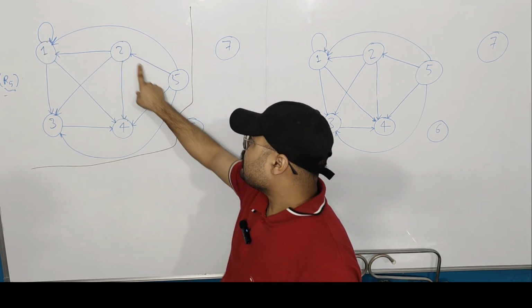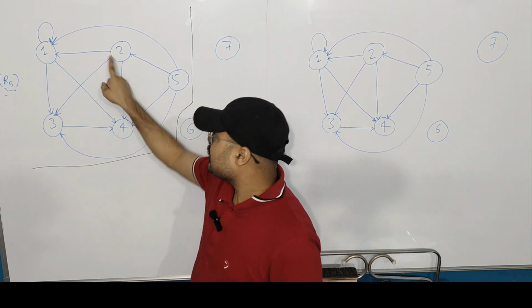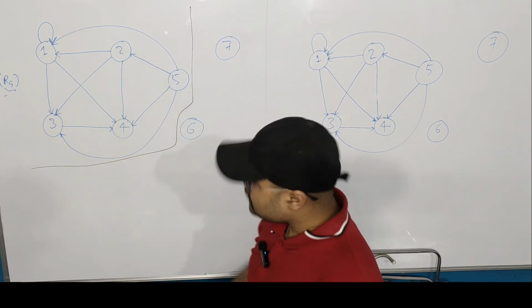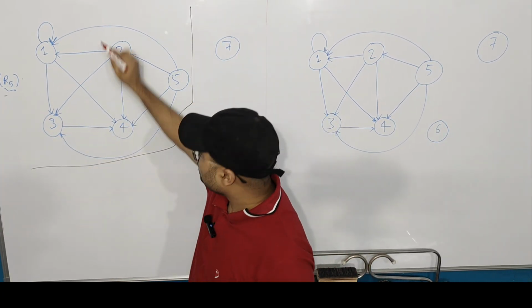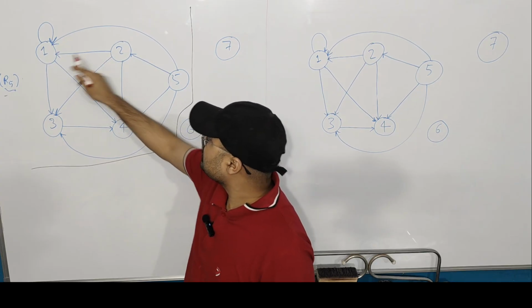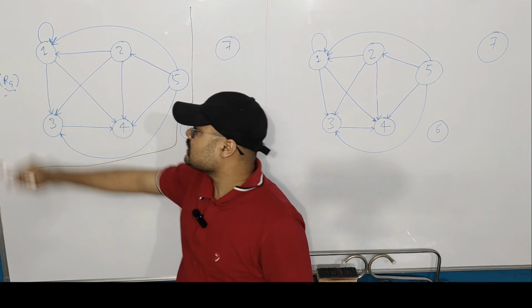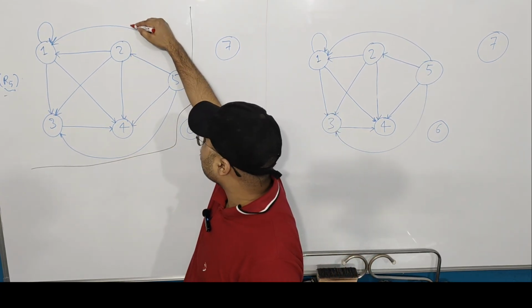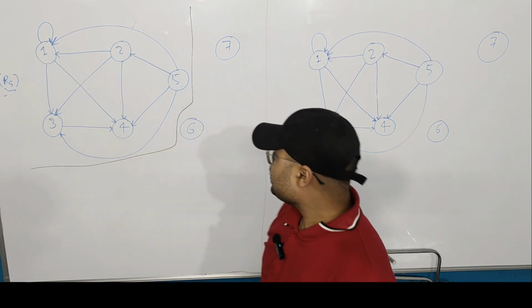So there is only one edge from 5 to 2, and now you connect 2 to 1, and now because of this edge you have to add this edge. So this is an implied edge. The moment this edge is added, this edge is implied automatically, because the relation has to be transitive. So this is one transitive edge, you can say. This edge from 5 to 1 is a transitive edge.